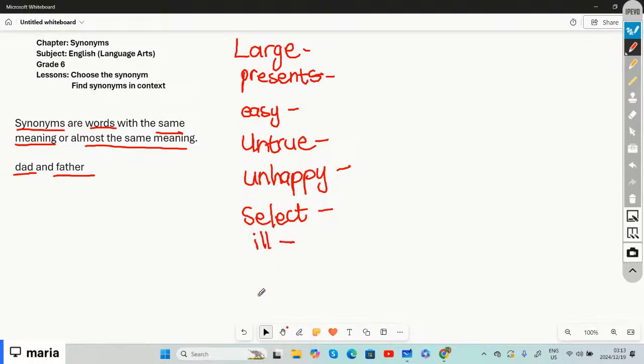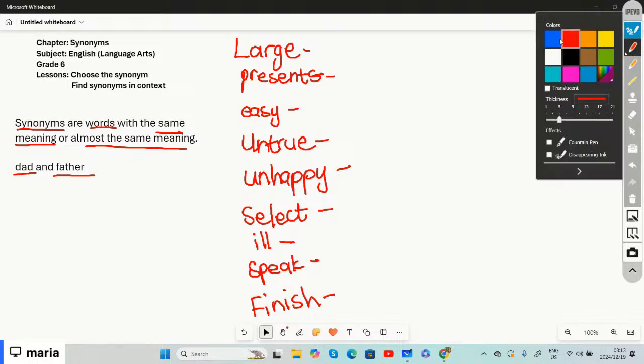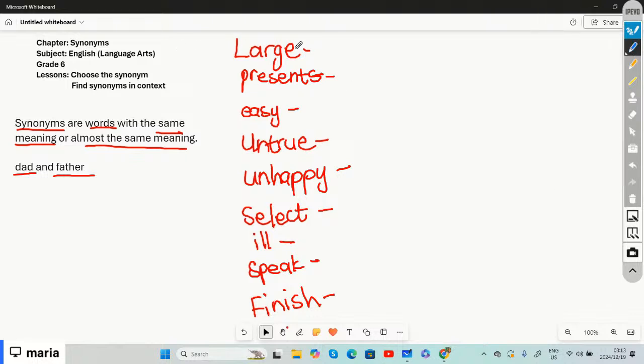Ill. To speak about something. Finish. We need to find the words that are the same as or almost the same as these words that I just wrote.